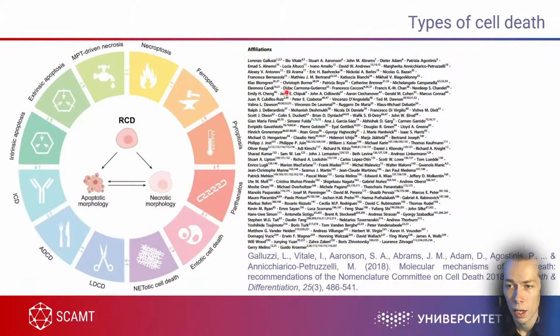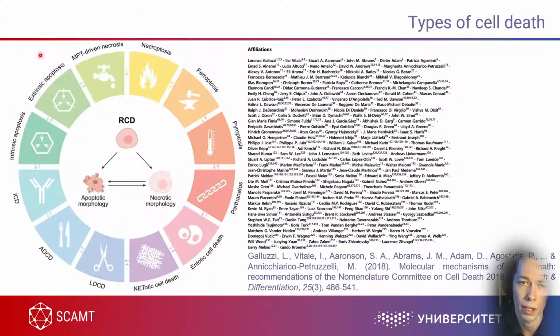And if we're talking further about the recommendation from 2018, there are a lot of different types of regulated cell death. So if you look here, it can be necroptosis, ferroptosis, we talked about this, pyroptosis, parthanatos, entotic cell death, NETosis, NETotic cell death, and a lot of other types of cell death.